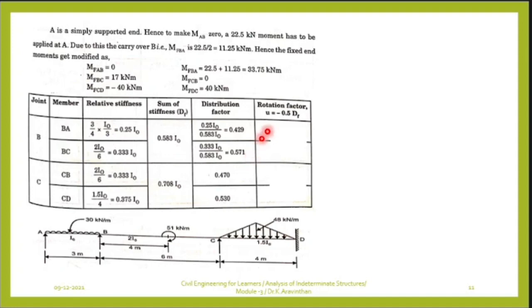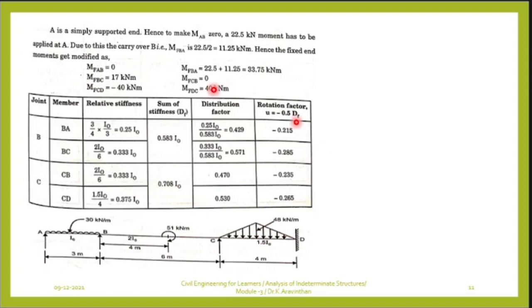And after that, to find the rotation factor, that is U. U is known as the rotation factor. You have to multiply this by minus 0.5. Your answer will be minus 0.215 and 0.285. For joint C, you will be having minus 0.235 and 0.265.